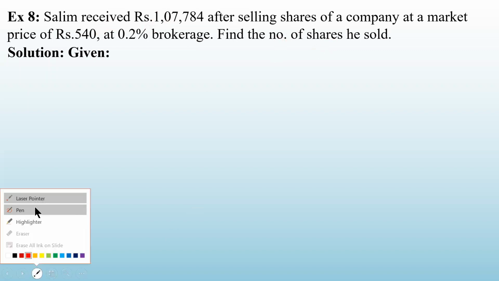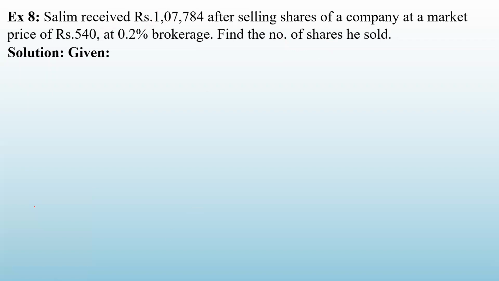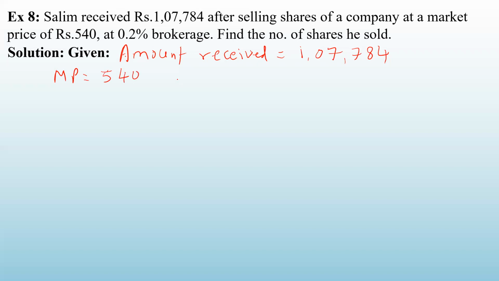So let us first of all write down what are the given things. What is given to you here? Amount received. Which amount is received? 1,07,784. What is the market price? It is 540. And what is the brokerage? Brokerage is 0.2%.